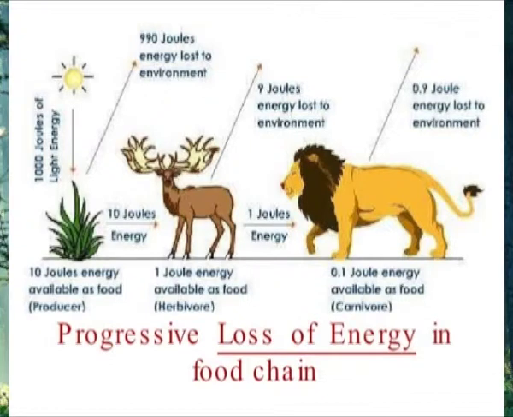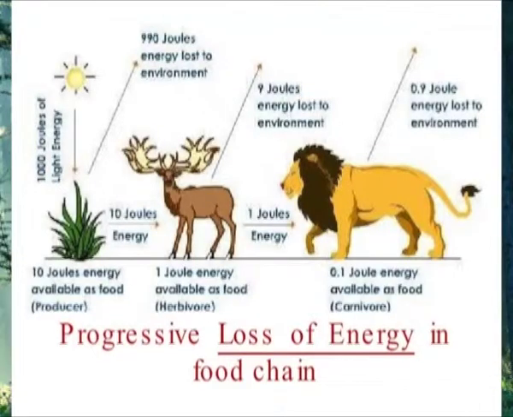Generally, 80 to 90% of energy is lost as heat at each transfer in accordance with the second law of thermodynamics. Energy decreases as it moves up trophic levels because energy is lost as metabolic heat when the organisms from one trophic level are consumed by organisms from the next level.